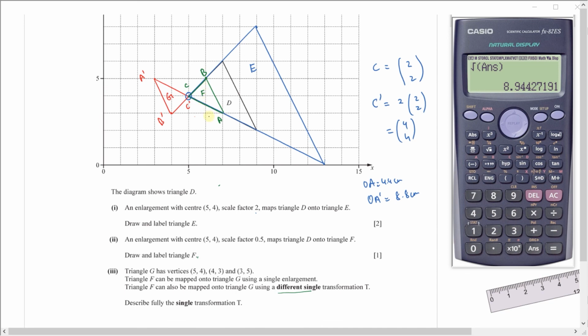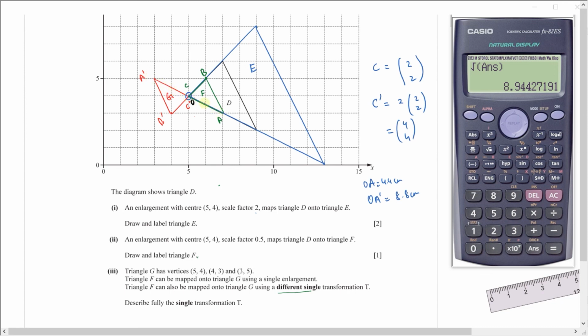So that only leaves us with rotation. So let's see if we can show that you can map triangle F onto triangle G through rotation. So for rotation, your center is this O, this point, which is also C and C dash. So since point C is on the center, it will not move. So C dash is also the same point. That's okay. And then if you join your point A with the center O, and then you check A dash.